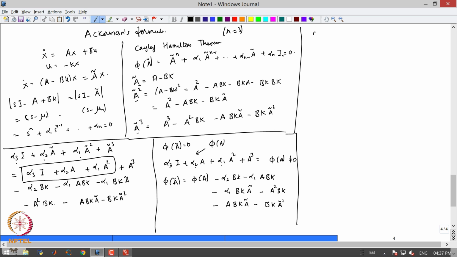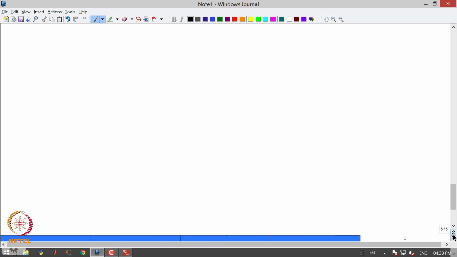Now this phi of A tilde is equal to 0, so this entire thing will equate to 0. So phi of A minus all these terms will equate to 0, and this will simplify to some nice looking term.